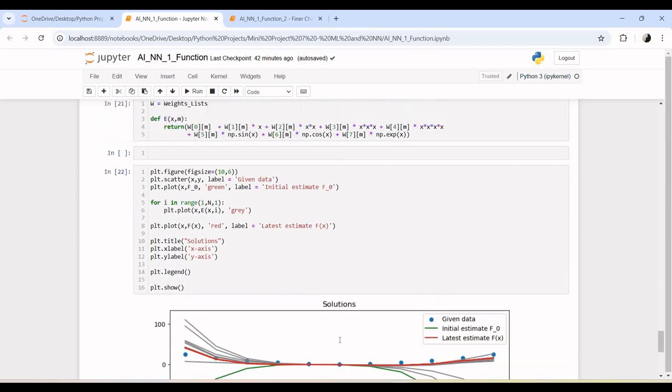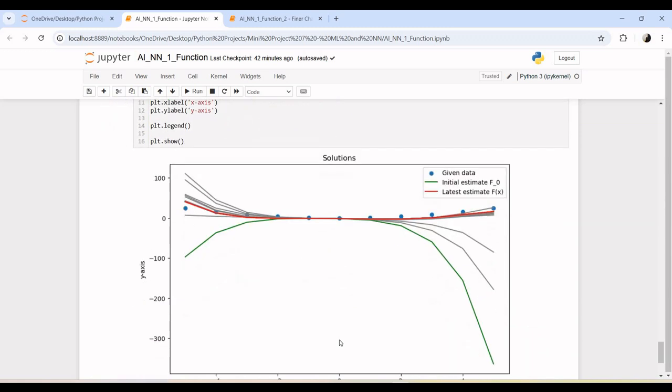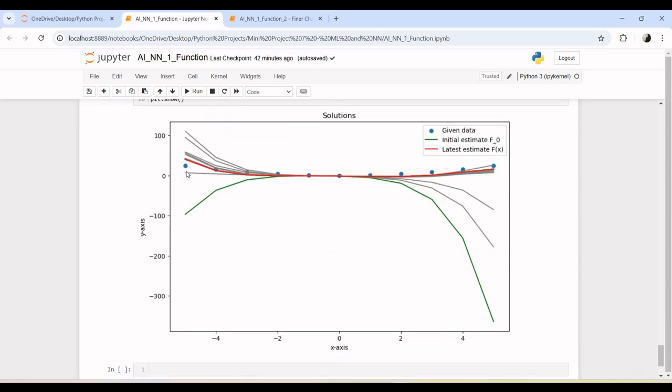So in an attempt to visualize the process, we have this plot, which again has our given data, initial estimate, and our final estimate, but we also have these gray lines, which are the estimates in between the initial and the final, so just some of them plotted out.